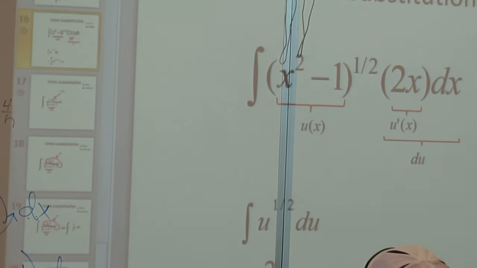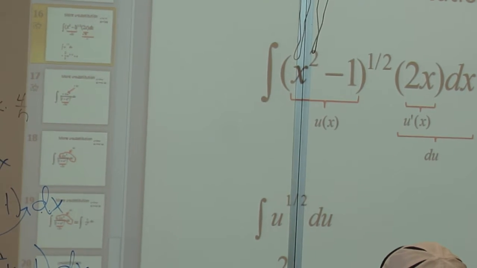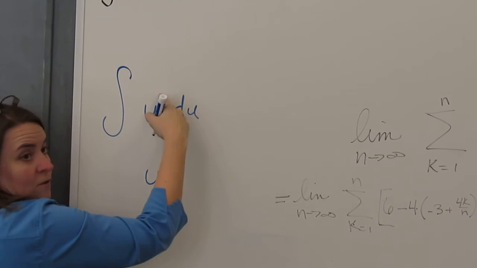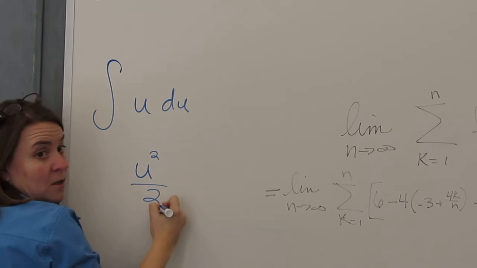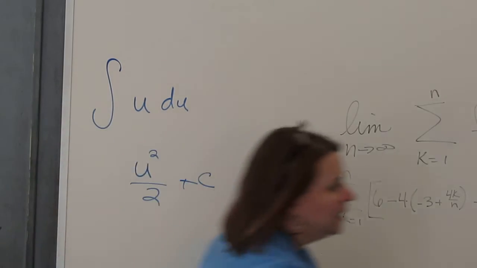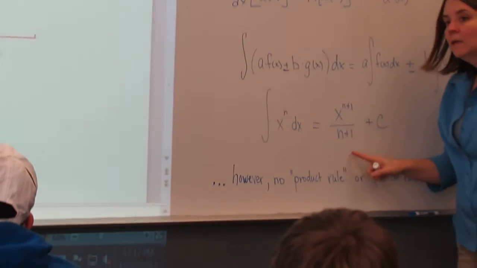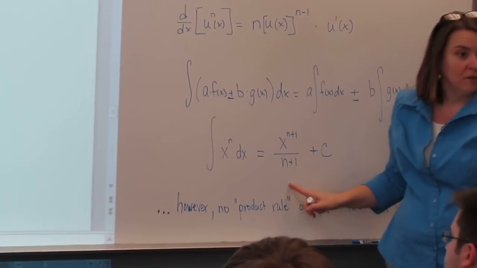Where do you get the L? Yeah. Oh, okay. So this is u to the first. I go up to a power and divide by the new power. You go up to a new value and divide by that.